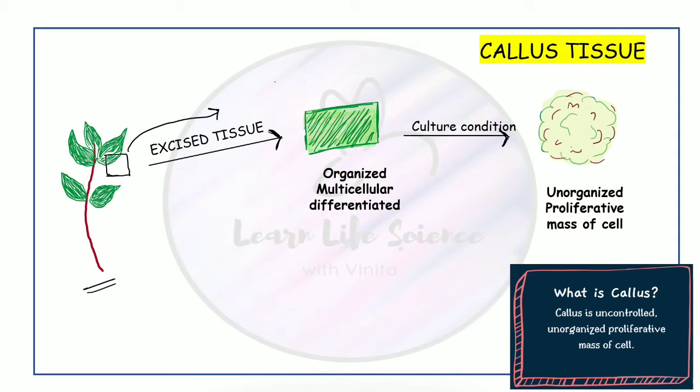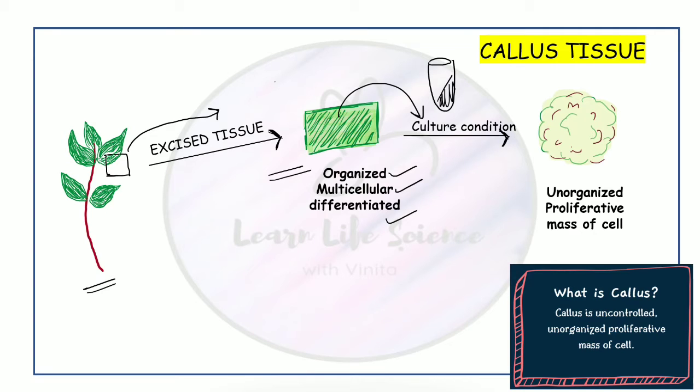The leaf tissue which you have excised is organized and multicellular, and the cells in this case are completely differentiated. Now, when you use this explant in culture condition, you take a test tube, fill it with a particular MS media, and fortify it with certain phytohormones, that is auxin and cytokinin.